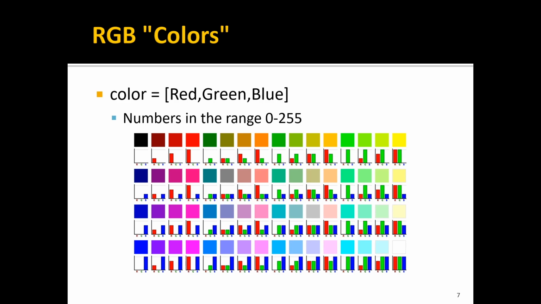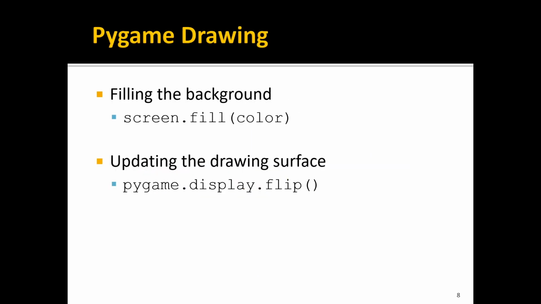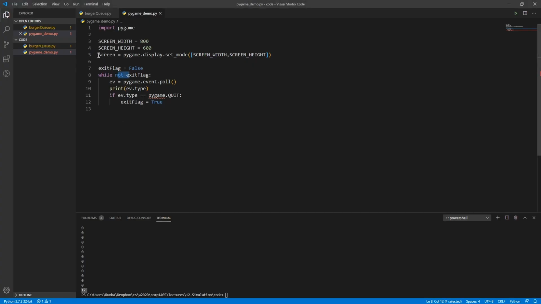Let's use color in our screen. So the first easiest thing we can color is filling things. So let's do a screen.fill. If we want to fill in the entire background, screen.fill and then some color. Screen is this thing that we got when we opened up the window. So that's that drawing surface that we saw. And let's just add this into our loop. So we'll say screen.fill.